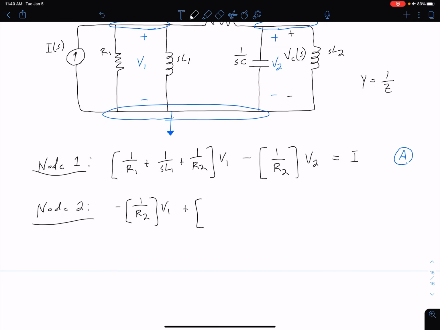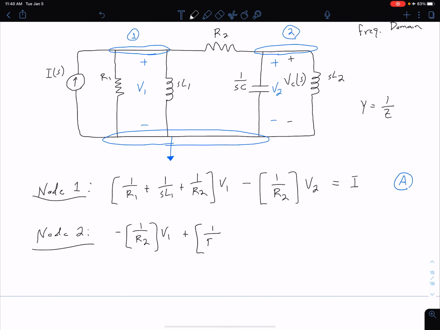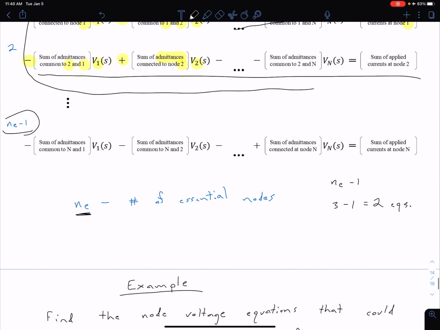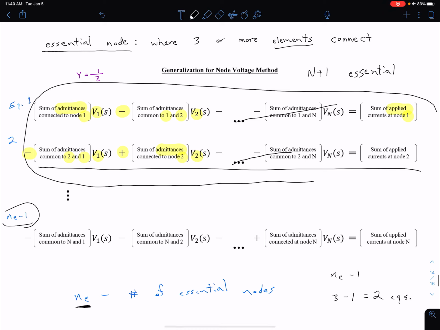The admittance of that resistor R2 is just 1 over R2. The admittance of the capacitor is SC. And then for our inductance, the admittance is 1 over SL2. All of that multiplied by V2.